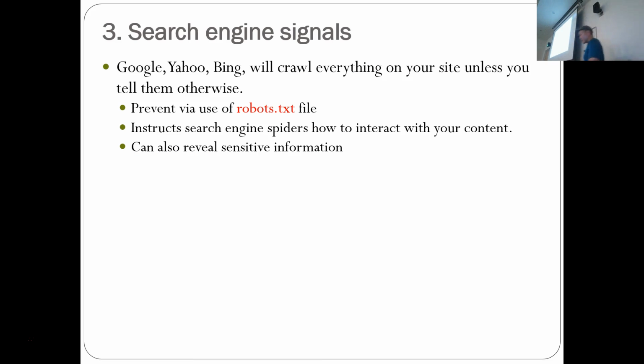Another thing an adversary will do is use search engine signals to figure out what to attack on the back end. There's this thing called Google Dorks, a library of ways of using Google to do your adversarial job for you. These are different hacks you can search for to expose things that companies probably didn't know were exposable.